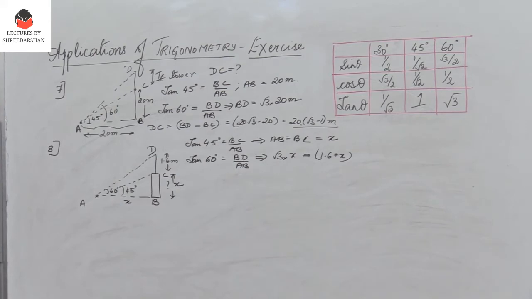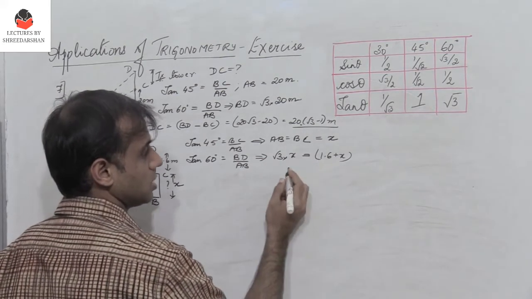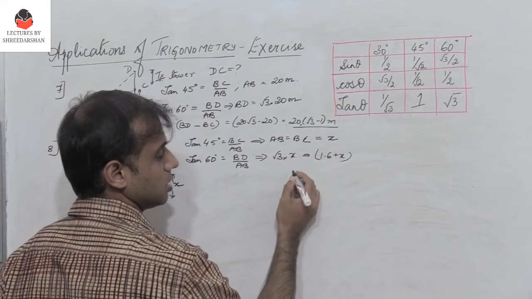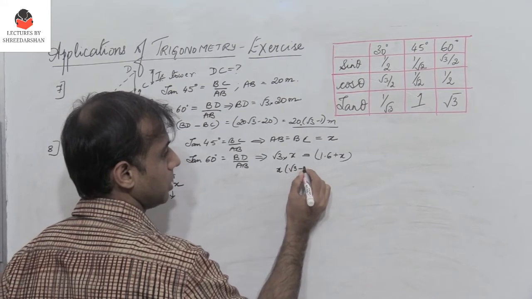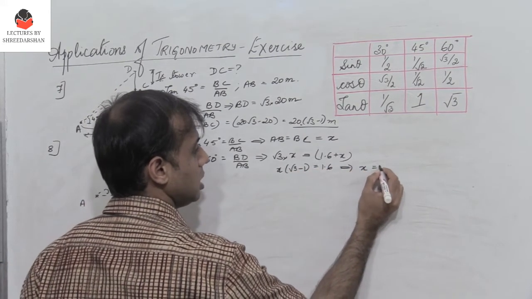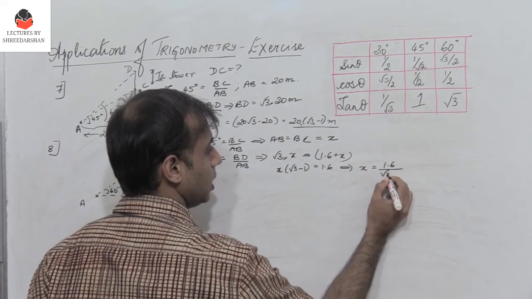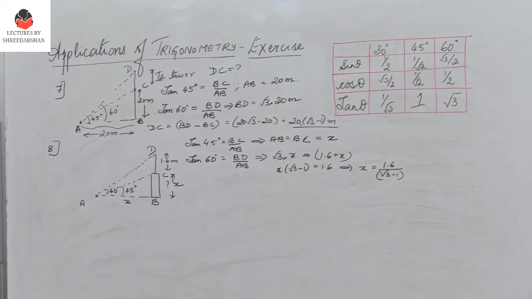So I have an equation here: root 3 x equals 1.6 plus x. I can bring this x to the LHS. So I get x into root 3 minus 1 equals 1.6, or x equals 1.6 divided by root 3 minus 1. This is the value of x.